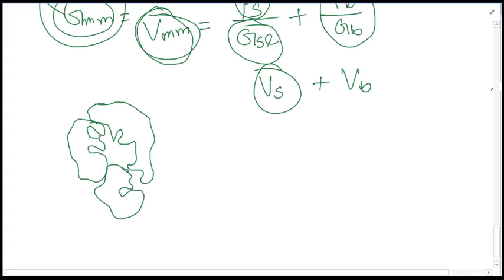Although, as you can see, bituminous portion might be filled in void, and also the pores, permeable pores.